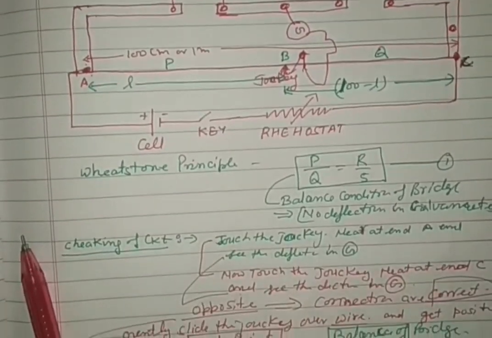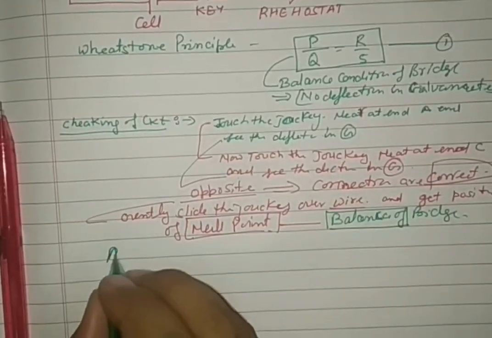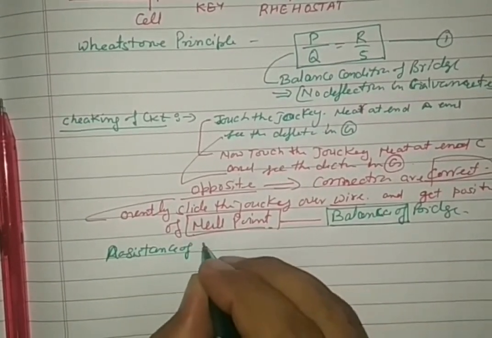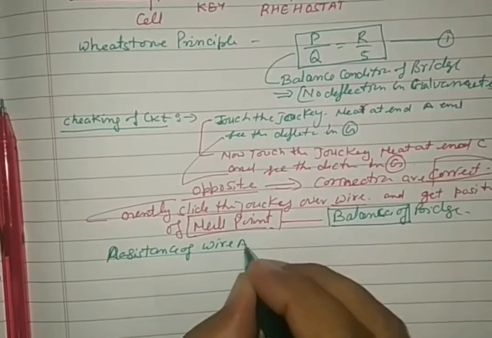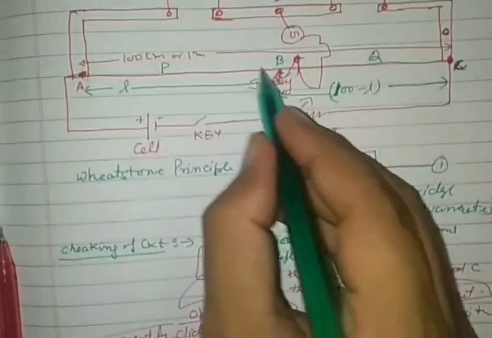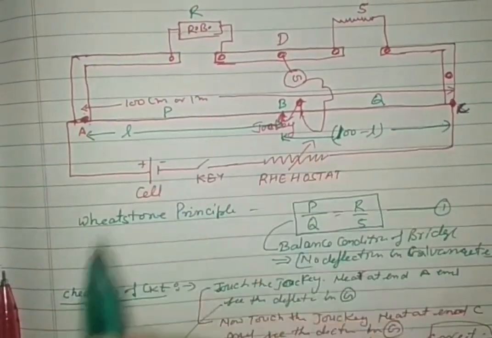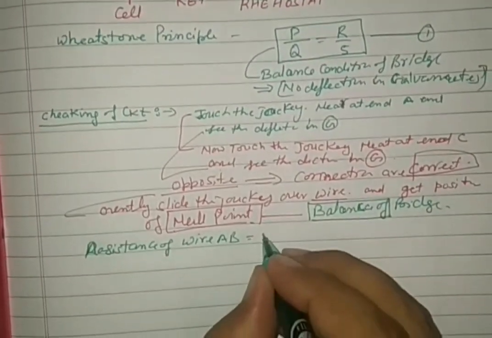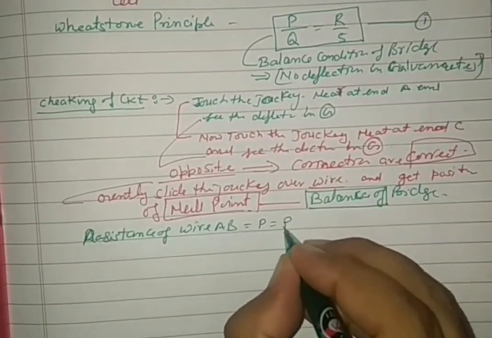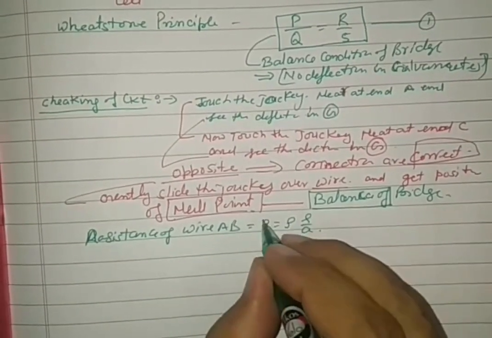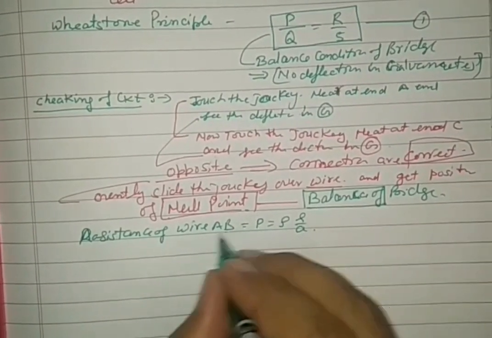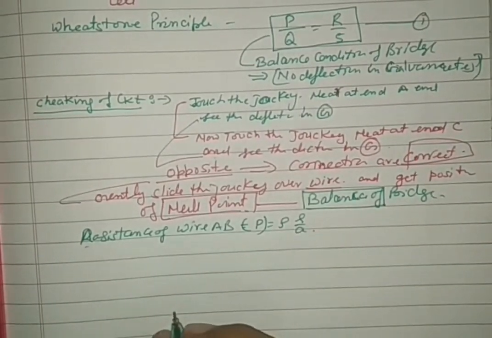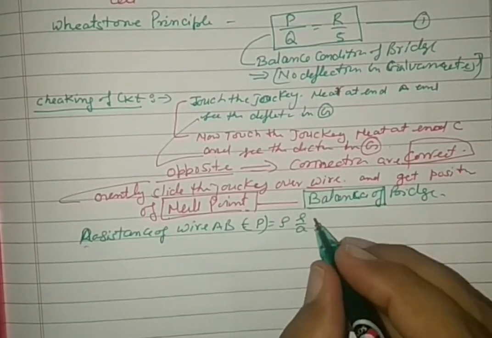Now see the resistance of wire AB, the wire from A to B in the diagram. This resistance P is rho L by A. This is the formula. Taking the resistance of our wire AB as P, it is rho L by A, where L is the length.